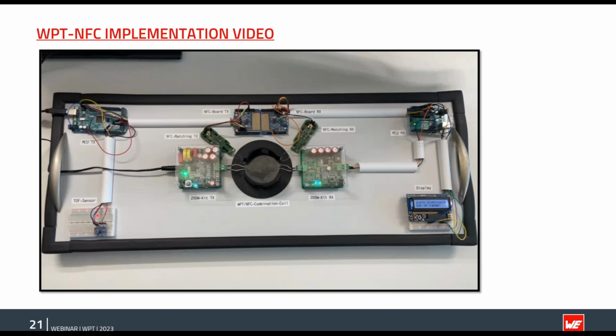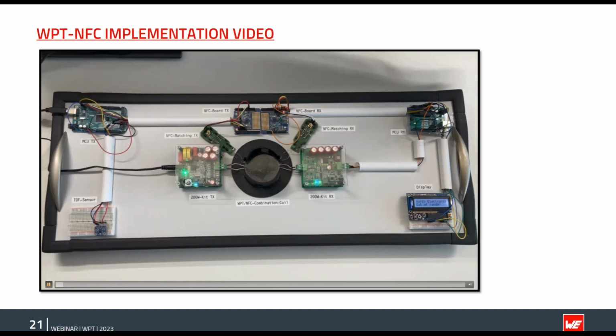And here is our time of flight sensor, where when you place an object close to it, you should see on the display the distance at which the object is placed. So let's go back to playing the video.